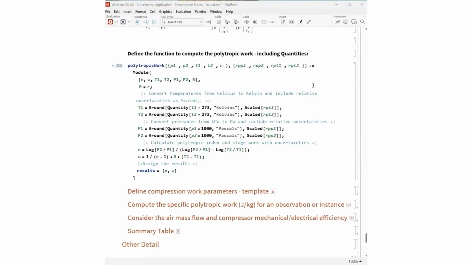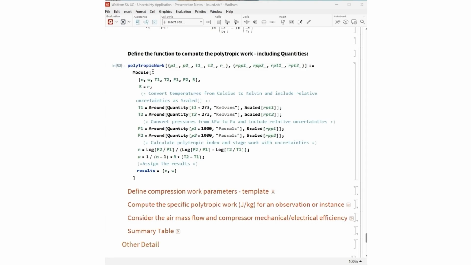Now that the equations have been defined, what I've done here is build a polytropic work function. It takes the measured air operating parameters: inlet pressure, inlet temperature, outlet temperature, the gas constant, and the measurement uncertainties in these values.